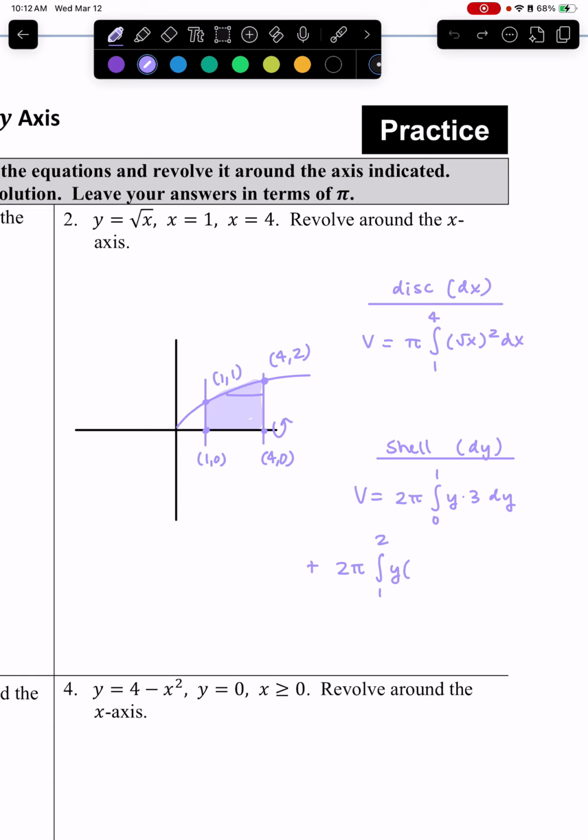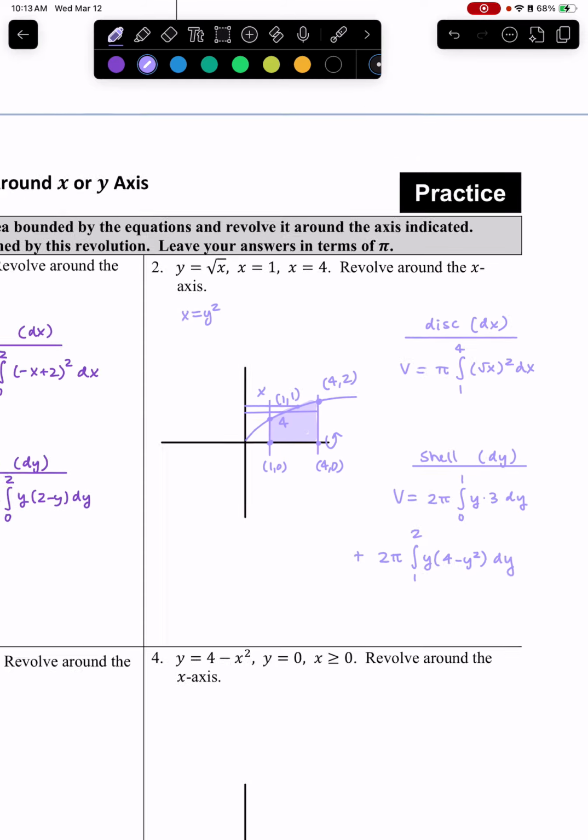So I want to think about it in terms of this distance is going to be 4, and this distance is going to be, no, that's not square root of x, that's just x. This distance to that point is just x. So 4 minus x is the height, but I can't have x in my dy integral, so x must be equal to y squared. So I'm going to go ahead and write our height as 4 minus y squared dy.